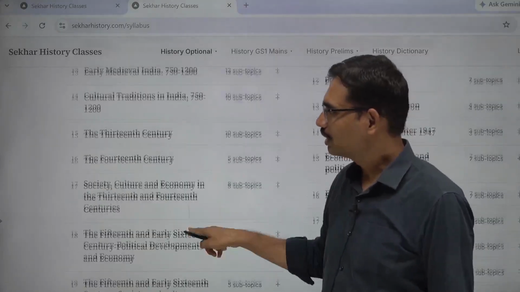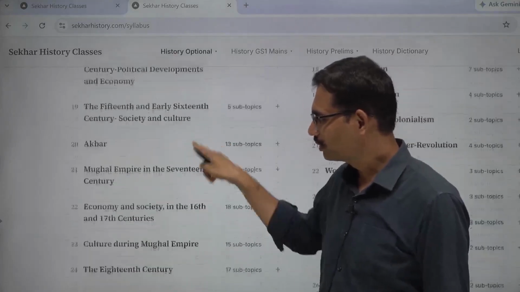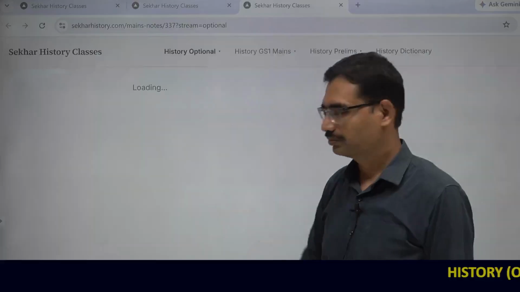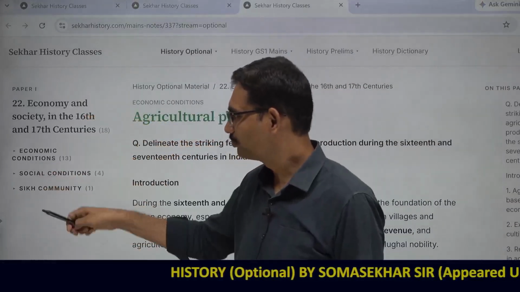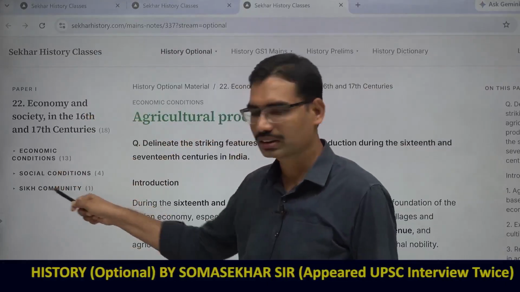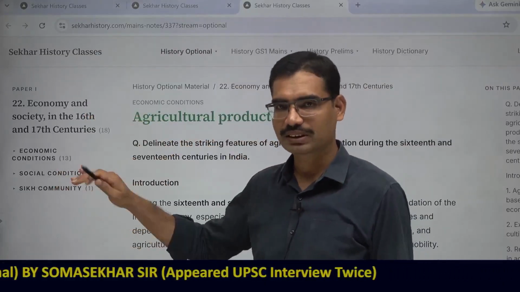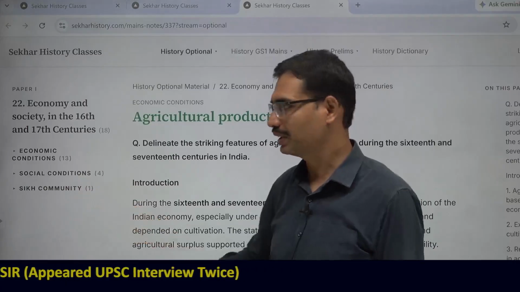Suppose you want to read specifically for chapter number 22. Go here. Then these are the various subtopics: economic condition, social conditions, Sikh community, as per the syllabus given by the UPSC notification.